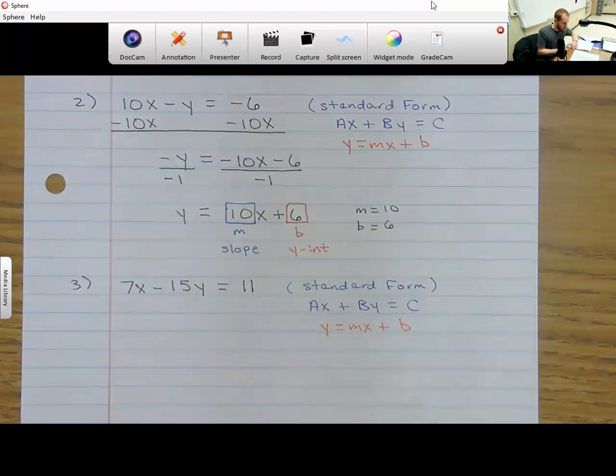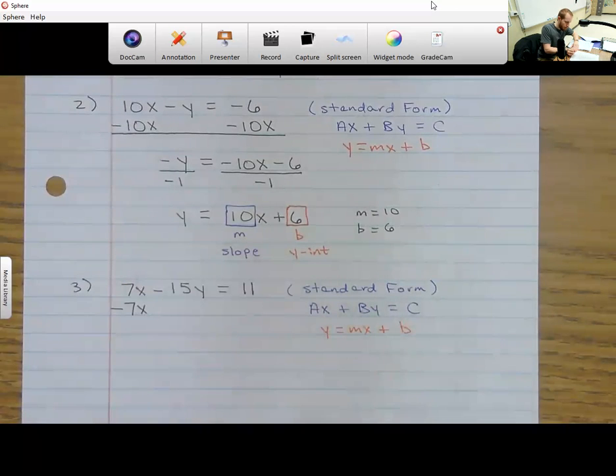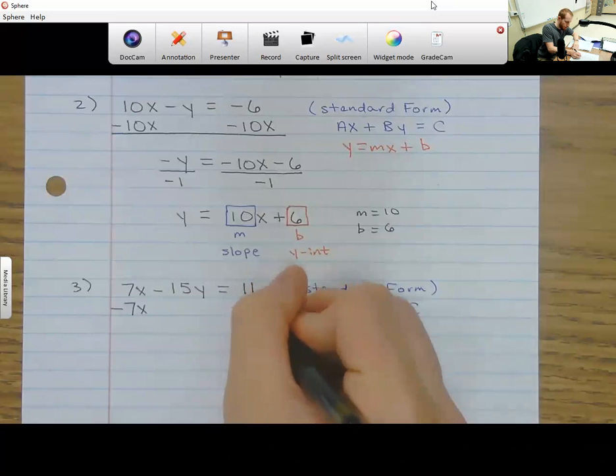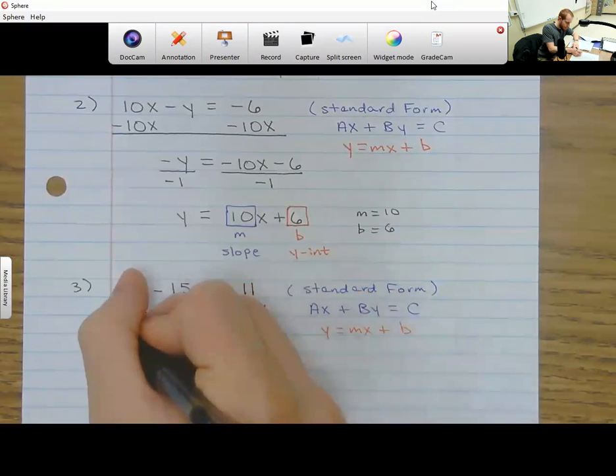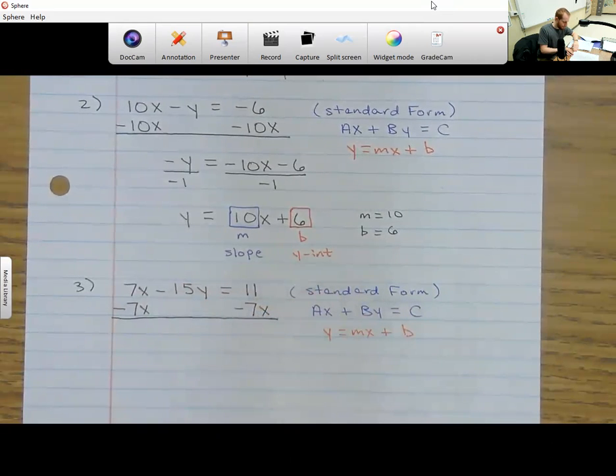But the first thing I want to do is I definitely want to get rid of this positive 7x. So the way I do that is I subtract 7x from both sides. So let's do that. Subtract 7x here, and then on the other side, subtract 7x here. Okay.